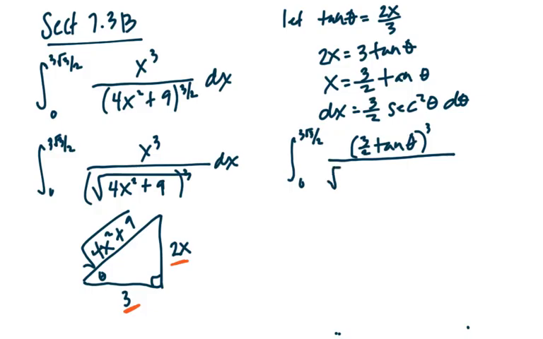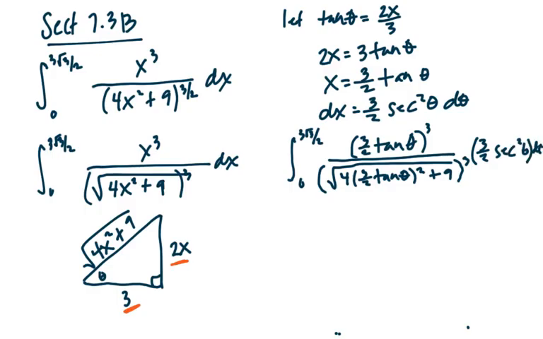And on the bottom, we have the square root of 4 times 3 halves tangent theta quantity squared plus 9, and all of that's the third power. And then out here we have d theta, which is 3 halves secant squared theta d theta. My theta kind of fell off over there, but we know it's there, so don't lose it. Let's move over a little.